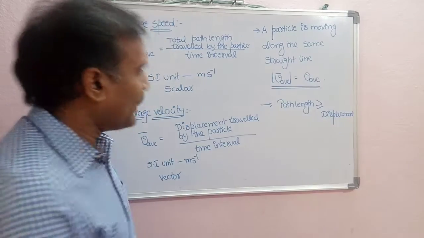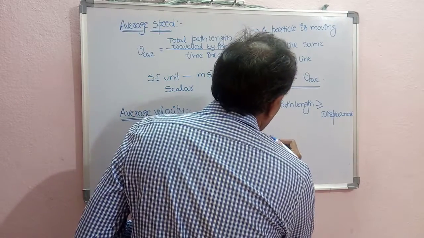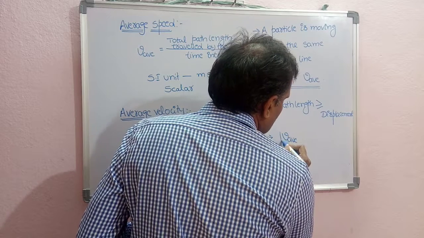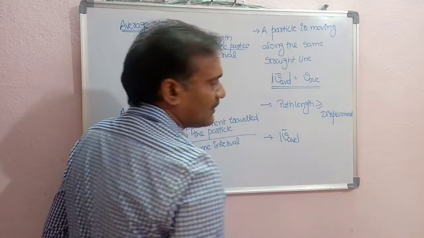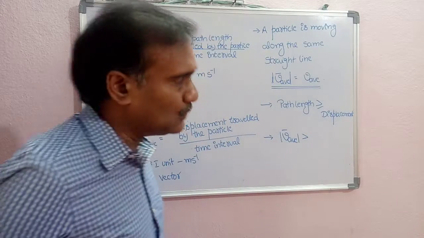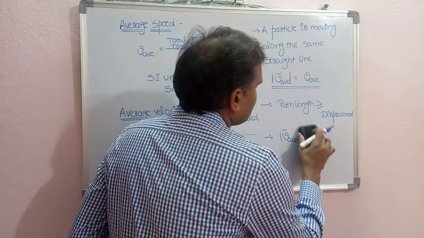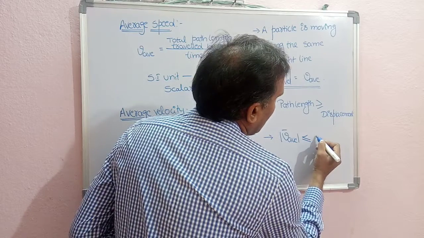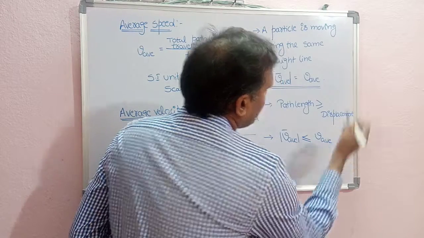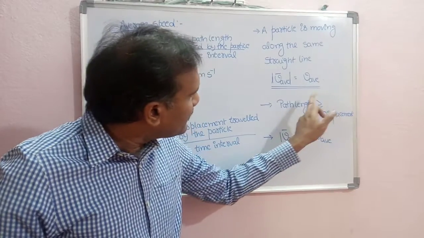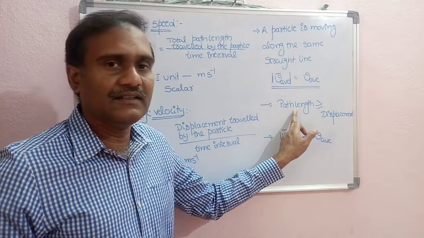Therefore, the magnitude of average velocity is always less than or equal to average speed, because displacement is less than or equal to path length.